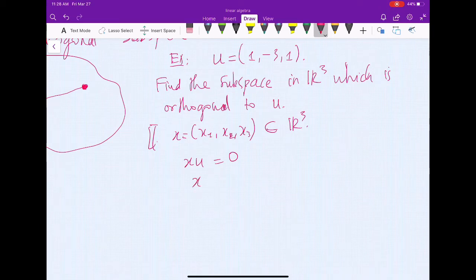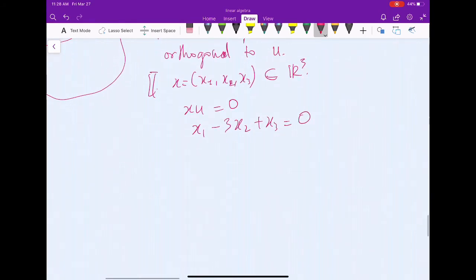So I have x1 minus 3x2 plus x3 equal to 0. So that is the whole plan. If you want to write it in an explicit form, I need to solve this system. Actually, the system has only one equation, but it's fine. You already know how to solve a homogeneous system. You write x1 equal to 3x2 minus x3.